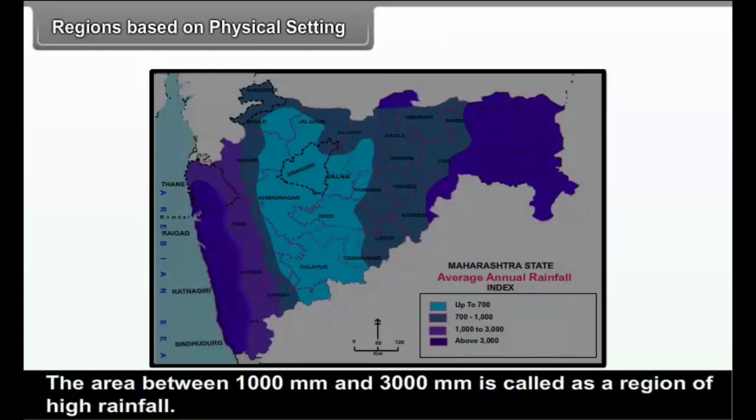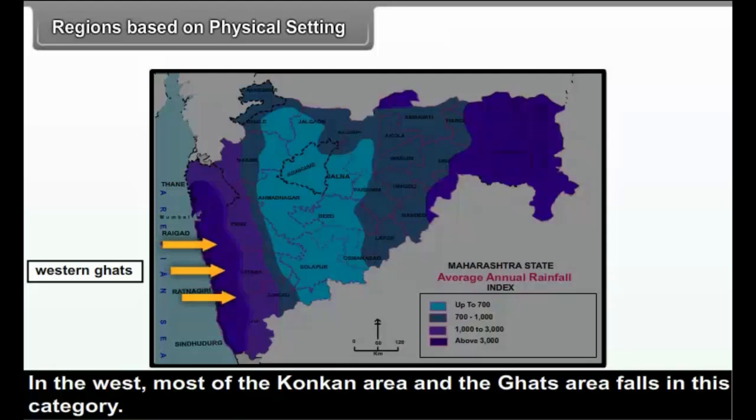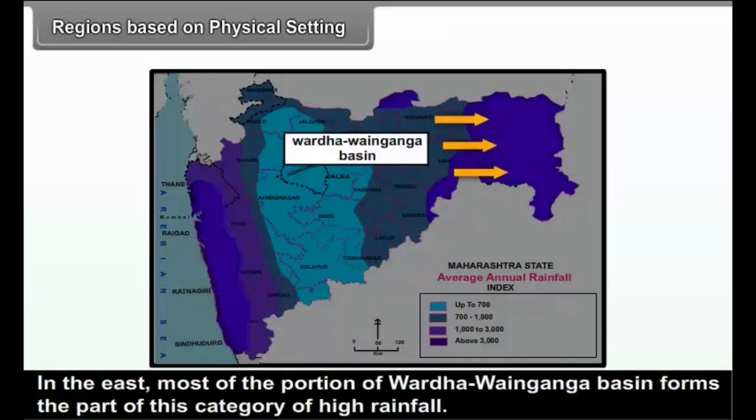The area between 1000 mm and 3000 mm is called the region of high rainfall. This region is spread in 2 different parts of the state. In the west, most of the Konkan area and the Ghat area falls in this category. In the east, most of the Wardha-Wainganga basin forms the part of this category of high rainfall.